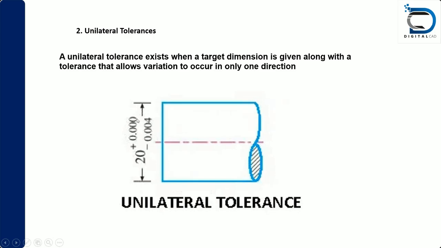Here in the plus there is no value, meaning variation is not allowed in the plus. Variation is allowed only in the minus value. So variation is allowed in only one direction, either plus or minus. That is what we call unilateral tolerance.